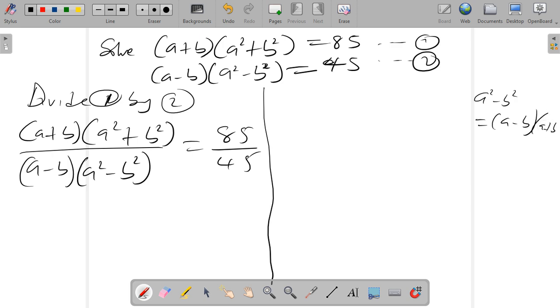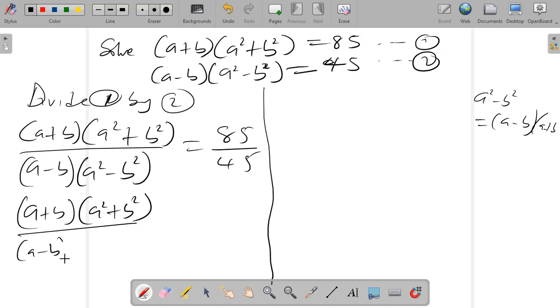So the top remains the same, (a plus b)(a squared plus b squared), all over (a minus b), and this one will now change to (a minus b)(a plus b), is equal to, now reducing this to the lowest, 5 can divide. If 5 divides here, I'm going to have 17, and if 5 divides here, I'm going to have 9. So this is 17 over 9.